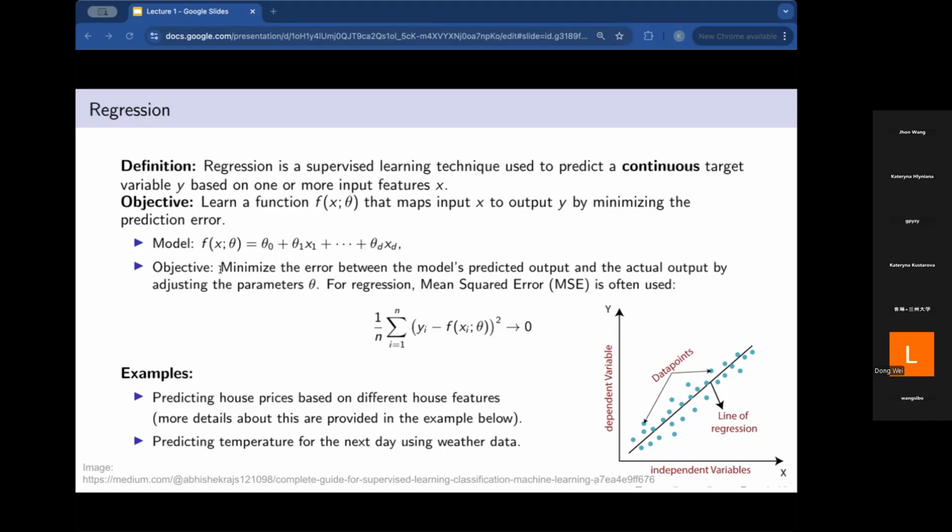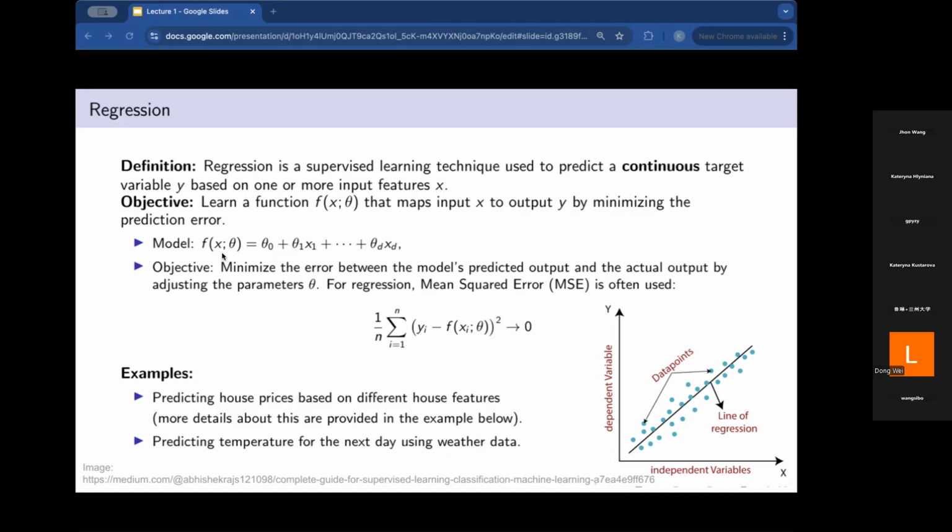To achieve this, we often use mean squared error. The formula for MSE is the sum of the squared differences between the actual values and the corresponding values predicted by the model. We want to minimize this value to make it as close to zero as possible, which means our predictions are becoming more accurate.